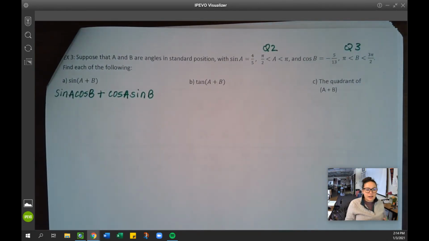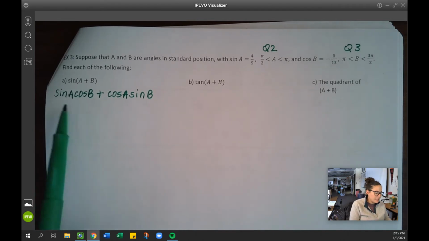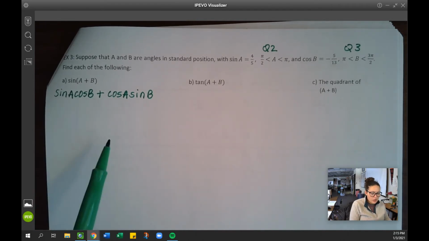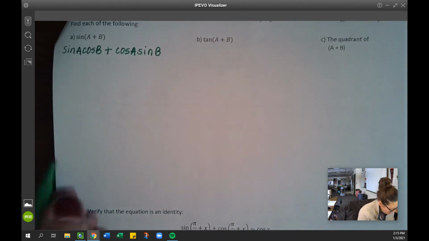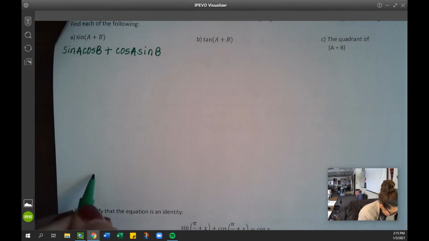So just like in the last lesson, we are going to draw a triangle for both angle A and angle B to find our missing information in order to figure all of this out. I'm going to do my triangles down here where they're a little bit out of the way.